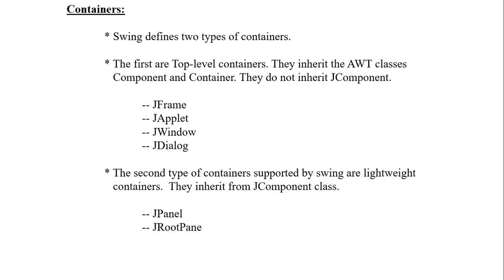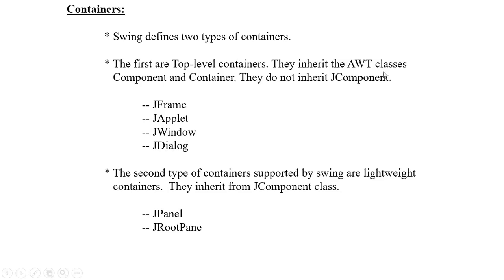In a broad way, Swing defines two types of containers. One is the top level container, and the second type is the containers supported by Swing. The first category comes from AWT.